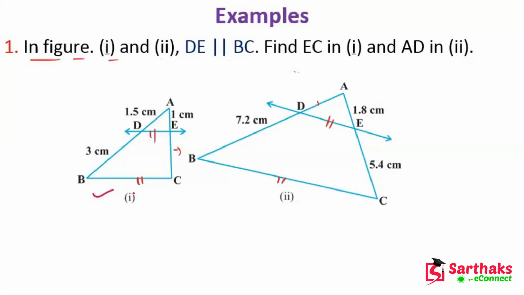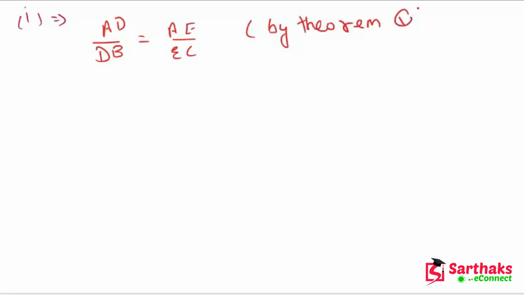Yes, basic proportionality theorem, means theorem 1. By theorem 1 we can write AD upon DB is equal to AE upon EC. Theorem 1 is also called the basic proportionality theorem.